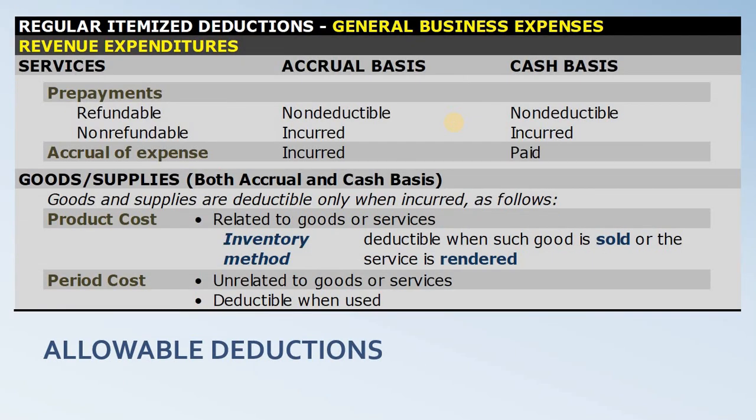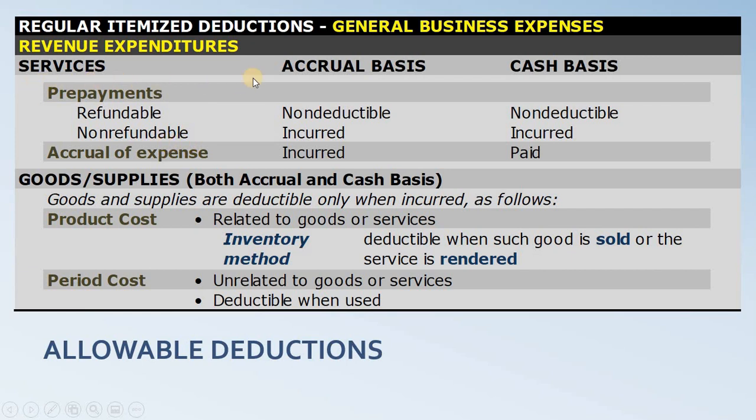Now let us discuss the tax treatment of certain expenses based on the accounting basis used by the taxpayer, whether accrual or cash basis. However, this only applies to revenue expenditures because capital expenditures are always deductible through depreciation. So let us proceed first to payments of services. Services are either prepayments or accrual of expense.